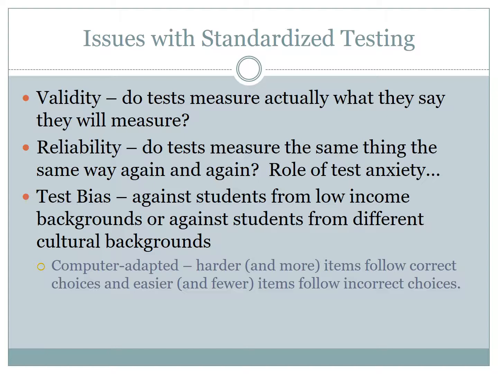The way that works is students will answer a question correctly and get another question that's slightly harder, and they'll answer that correctly. They'll get another question that's slightly harder. The more they answer, the more questions they get. If they start answering a lot incorrectly, they'll get fewer questions and the questions will be easier. So the computer kind of targets what question you get based on your proficiency level.